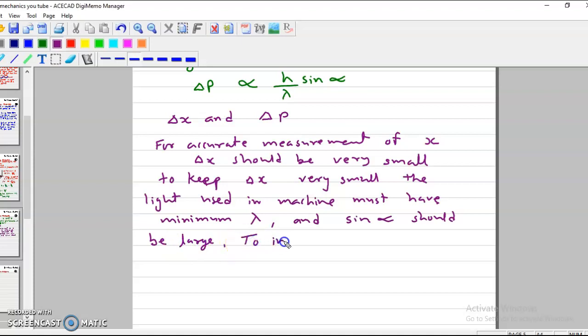To increase sine alpha, we need a huge microscope. So this is the condition for accurate measurement of x.